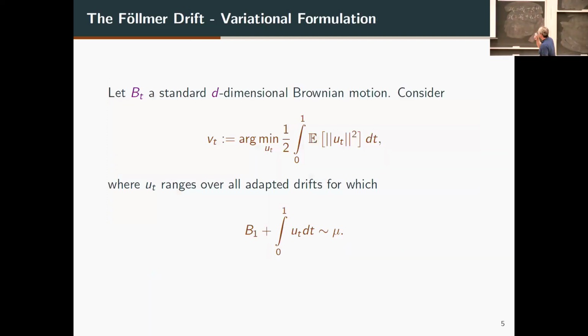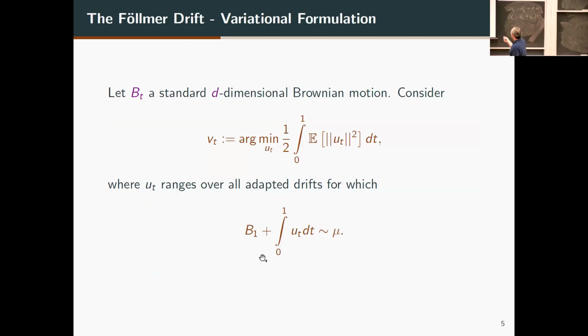Maybe to make another mention about the Föllmer drift, one way to characterize it is through a variational formula. And in this variational formula, we try to optimize over all adapted drifts, such that when we add them to the Brownian motion, then at time one, we get the measure mu.